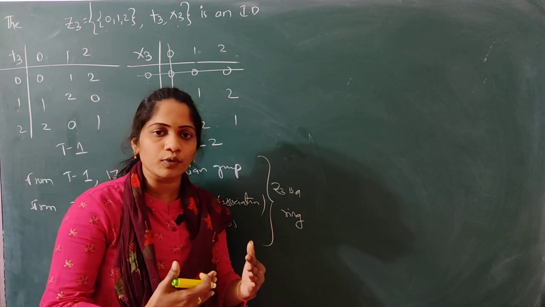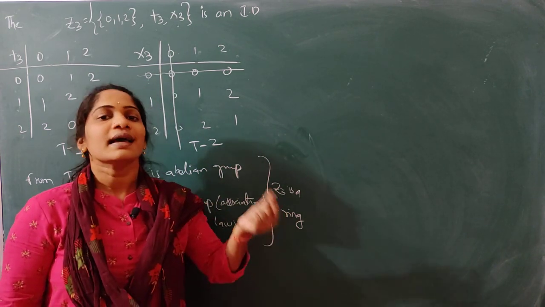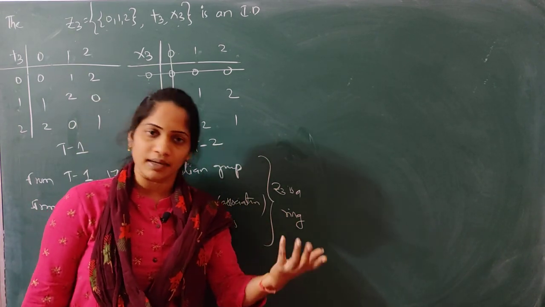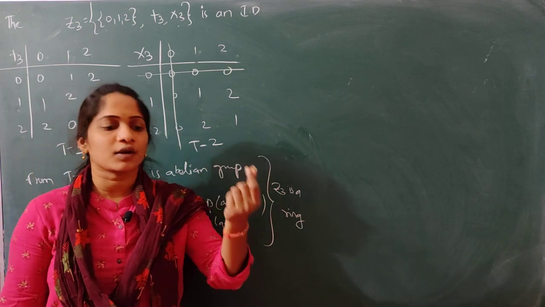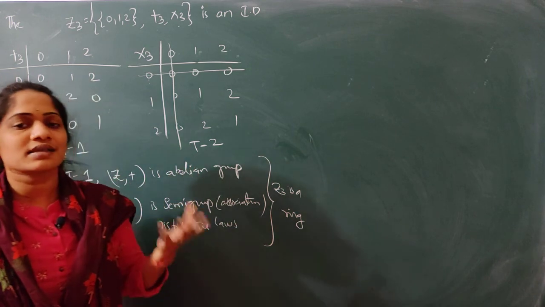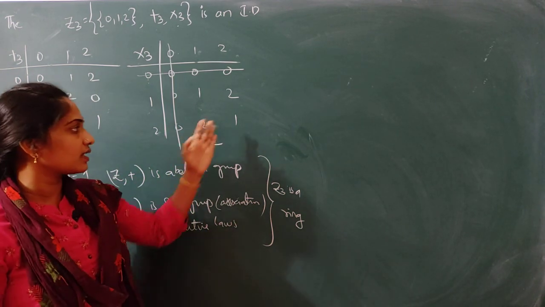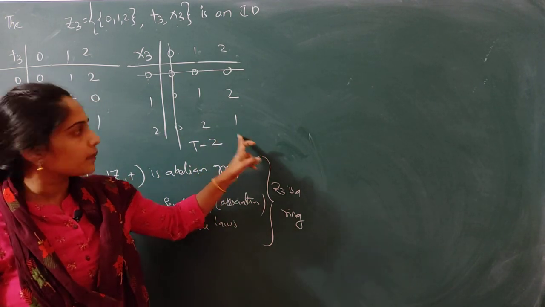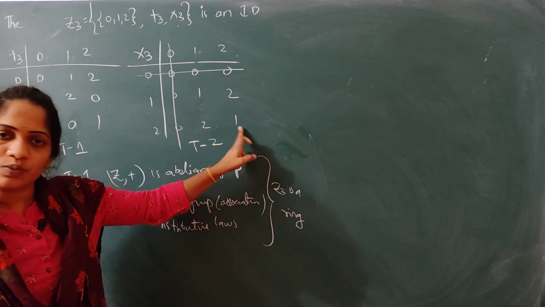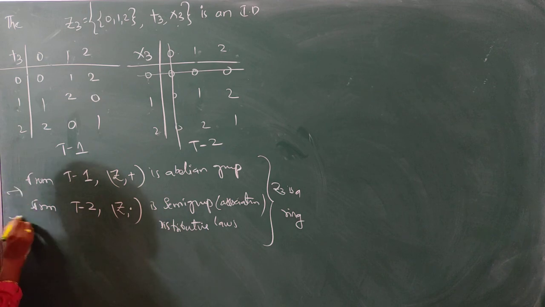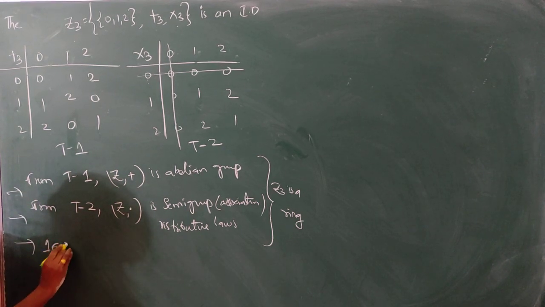What more is needed to prove an integral domain? Next, a ring with unity and a commutative ring. Ring with unity means what? You have to check the multiplicative identity. The multiplicative identity is always checked in the second multiplication table. Here 1 is the identity for every element, so 1 belongs to Z3.